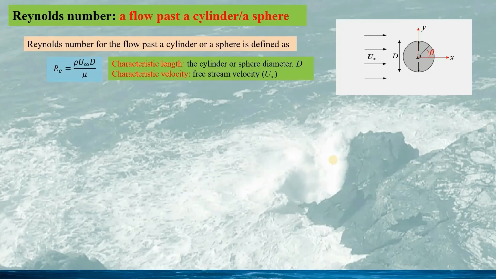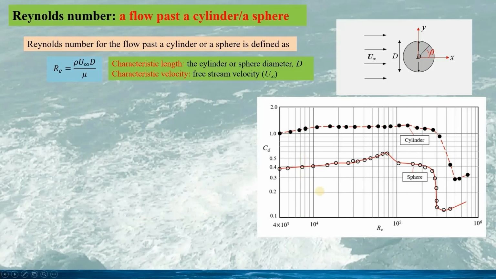Here, we look at the Reynolds number for the flow past a cylinder or a sphere and examine how the Reynolds number will have influence on the drag on the cylinder. The Reynolds number would be defined as this. Here, the characteristic length is the cylinder or the sphere diameter d, and the characteristic velocity would be the velocity of the free stream u infinite.